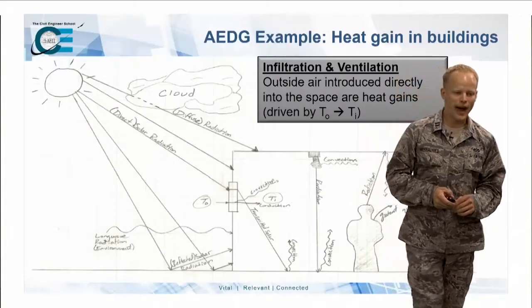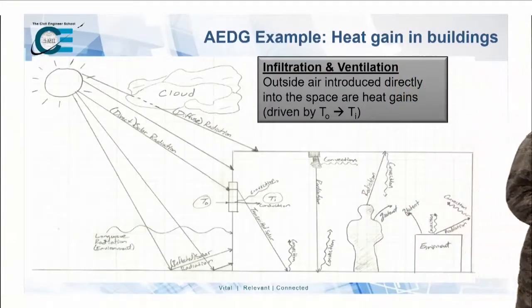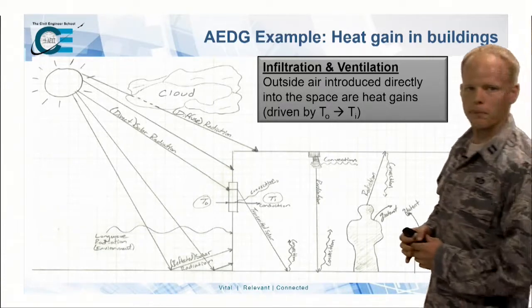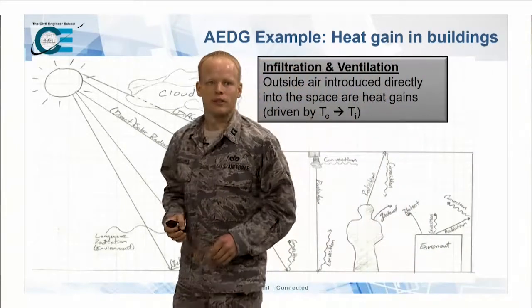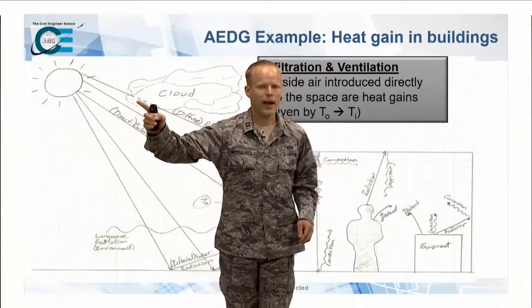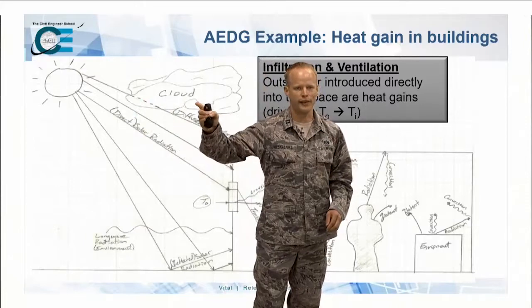So let's talk about how heat enters the building. If most of our energy is from heating and cooling loads and lighting, we can only do a few things, but when we start employing daylighting, we're going to start affecting our heat gain. A lot of our energy comes from the sun. The sun shoots out radiation, and some of it gets blocked by this cloud.